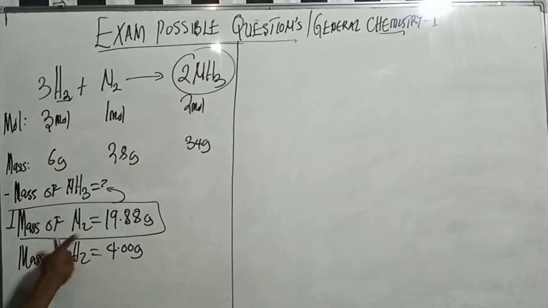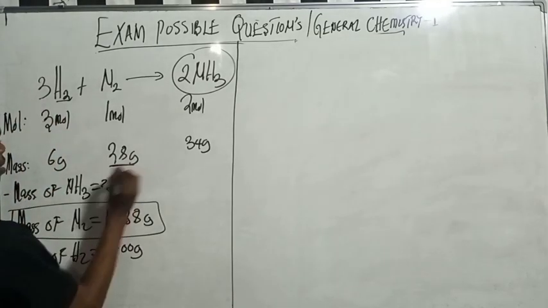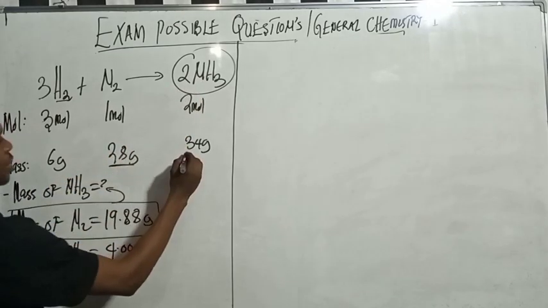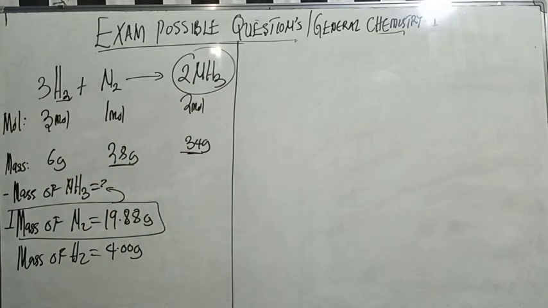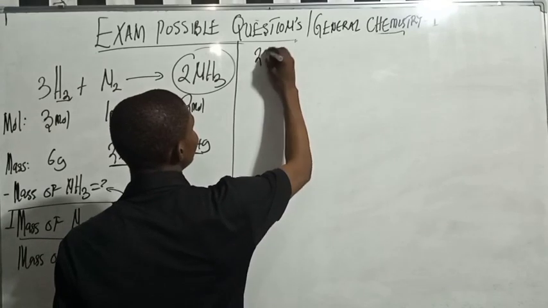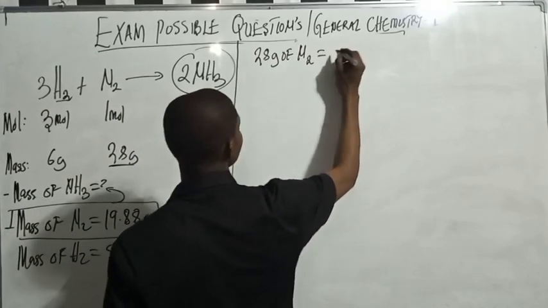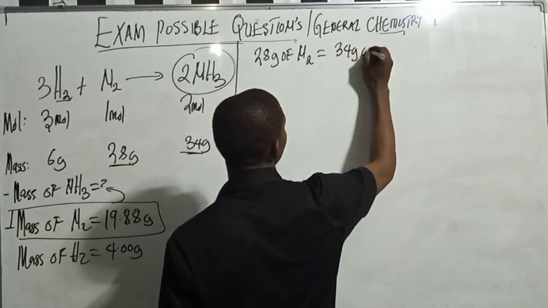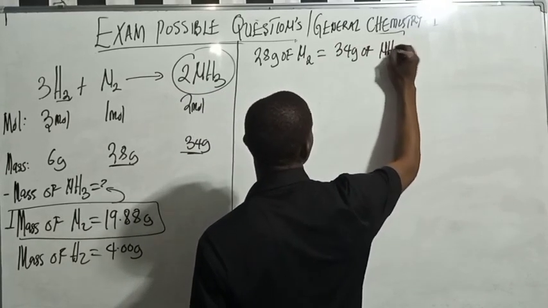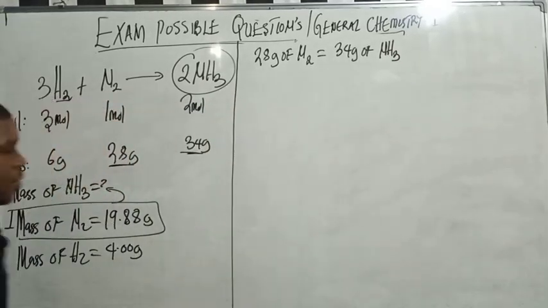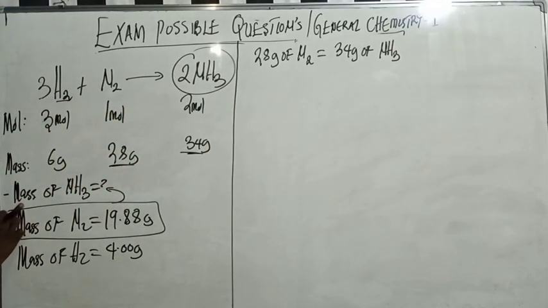Now the mass of N2 is this guy, and the mass of NH3 is the one here. So it means that 28 gram of N2 is equal to 34 gram of NH3. That's the meaning, right? Remember, you're looking for the mass of NH3.